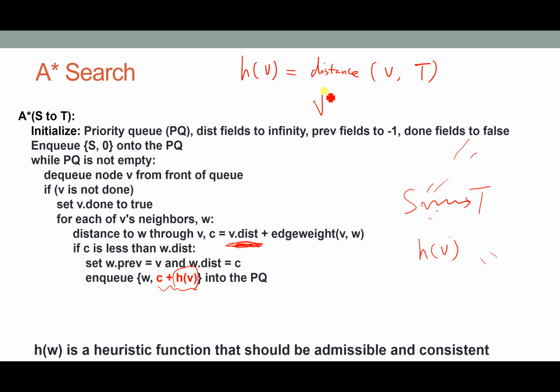You can use the Euclidean distance, which is the square root of (Vx minus Tx) squared plus (Vy minus Ty) squared. If you know the xy coordinates of V and T, you can calculate this distance. A very nice property of this Euclidean distance is that it is both admissible and consistent. So if you use this as the heuristic, it is very easy for you to do this.